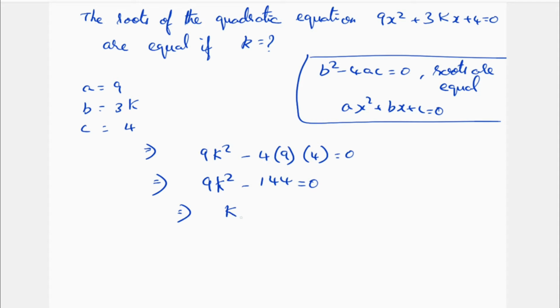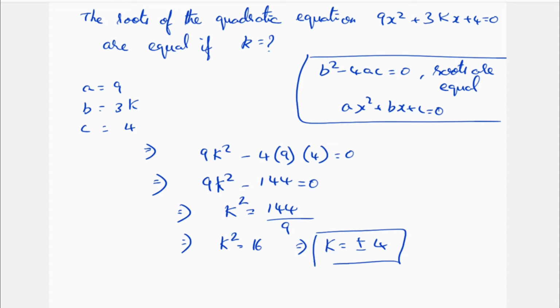This means that k square is equal to, when I take 144 to the other side, it will become positive, 144 divided by 9. So this gives me k square is equal to 16. This implies k is equal to plus or minus 4. So the answer is k is equal to plus or minus 4.